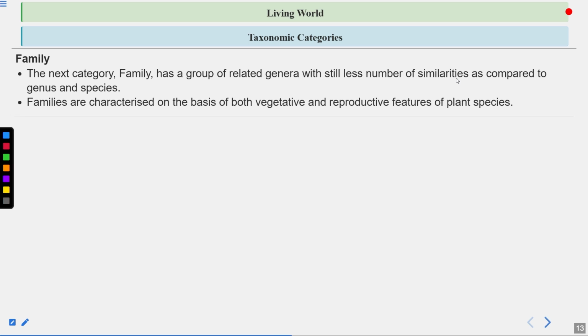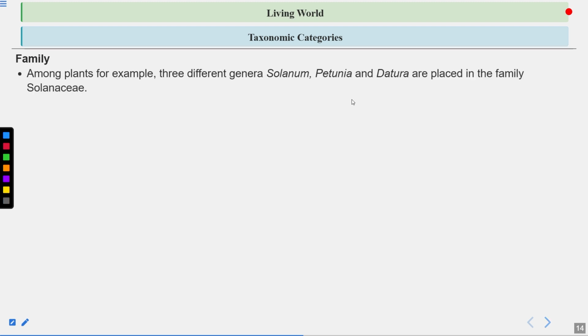Now, families are characterized on the basis of both vegetative and reproductive features of the plant species. Vegetative features means stem, roots, leaves. Reproductive means the flower and inflorescence. Among plants, for example, three different genera, Solanum, Petunia, and Datura, are all placed in the family Solanaceae.